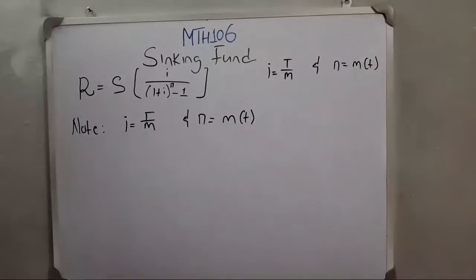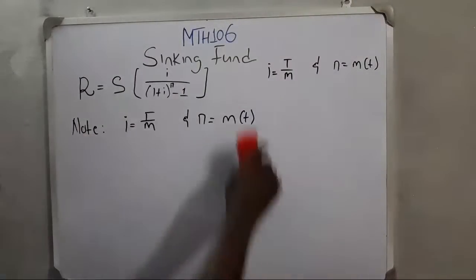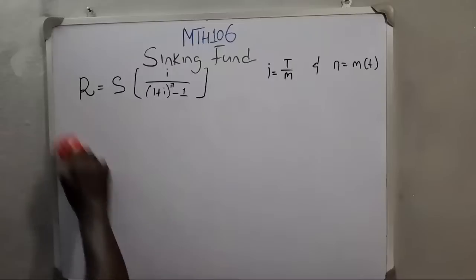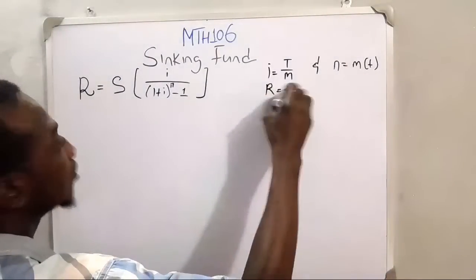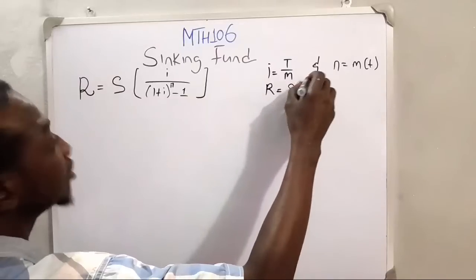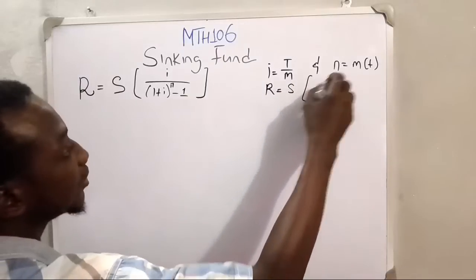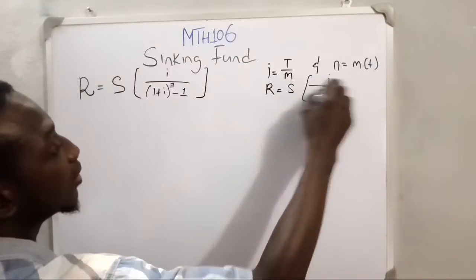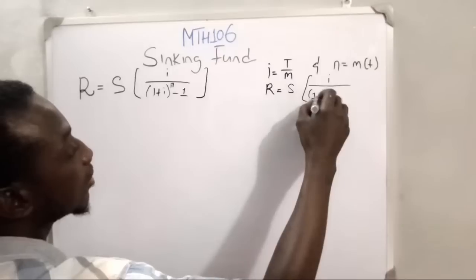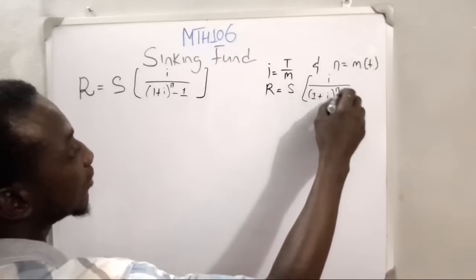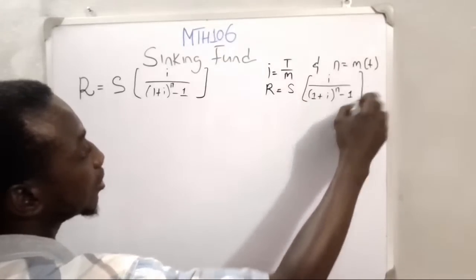So let's attempt a question in regards to this. I'm just going to write this here as well: R equals S, I over bracket 1 plus I raised to the power of n minus 1.